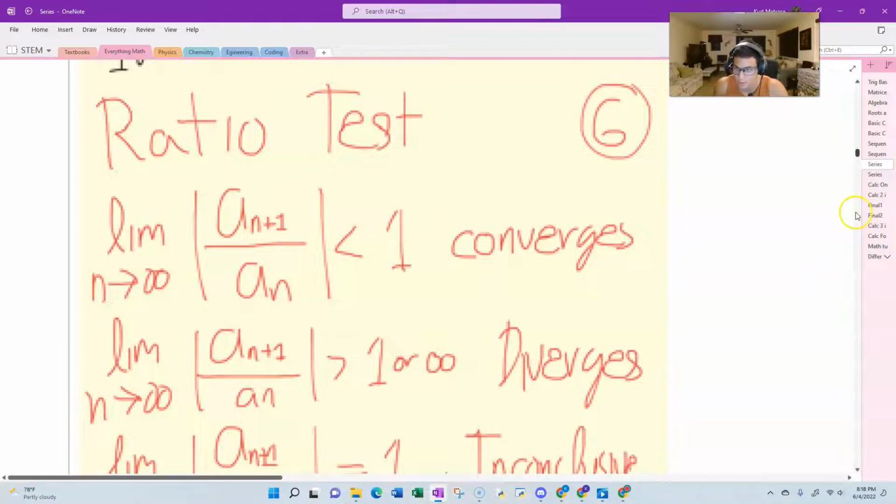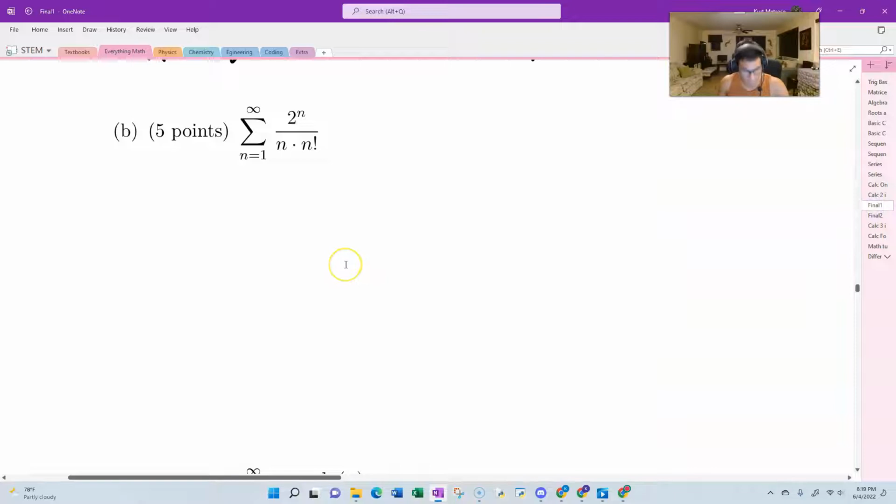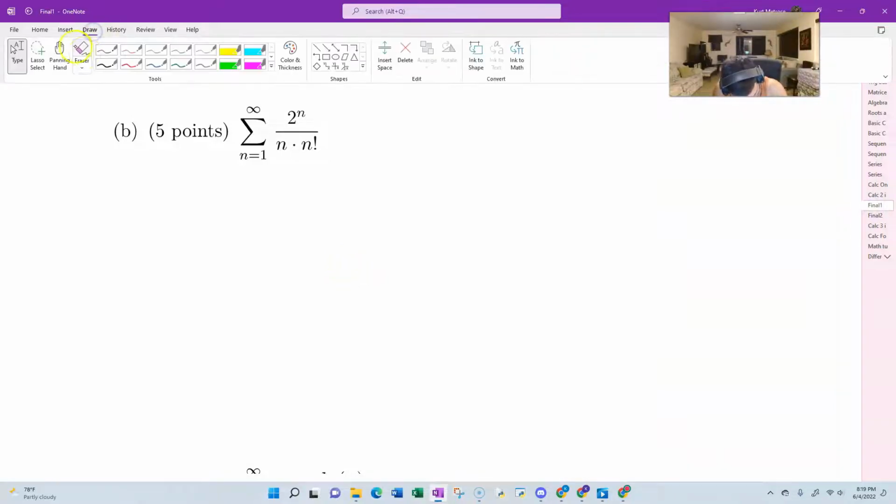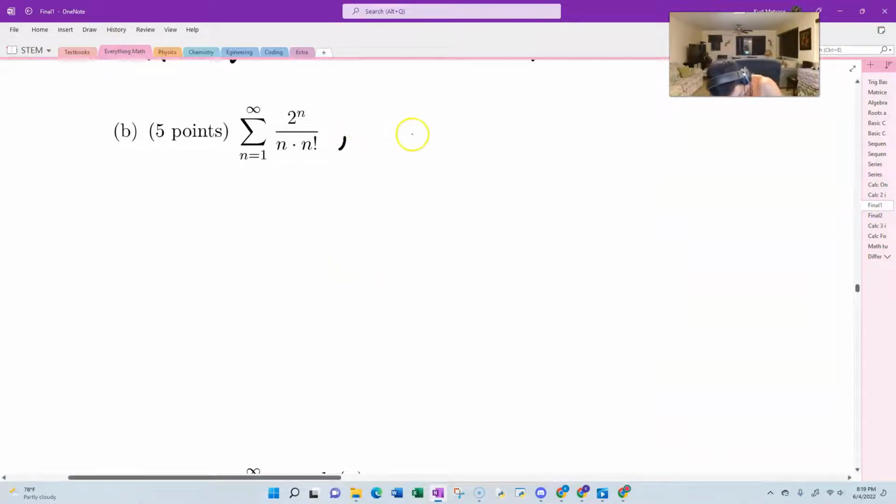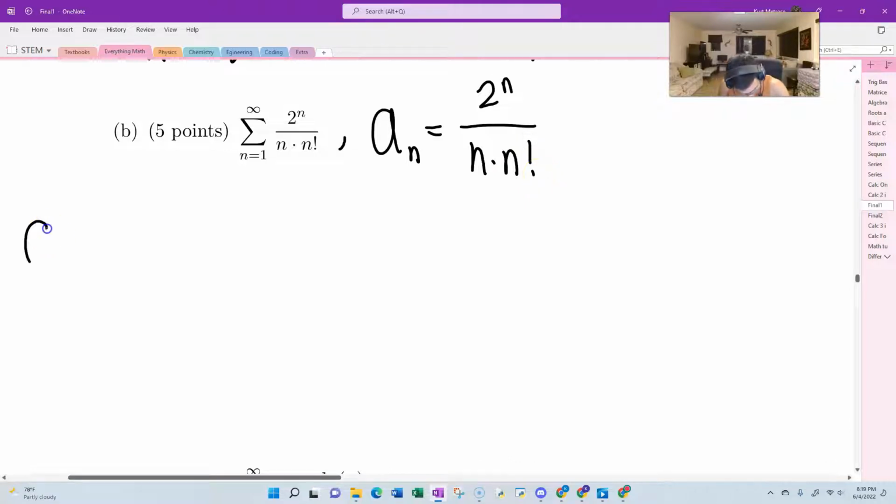Okay, so let's go back, and let me define a sub n. A sub n here, I think you guys all know, is 2n over n dot n factorial. Then we see that a sub n plus 1 is 2n plus 1, and wherever you see n, you do n plus 1 now.